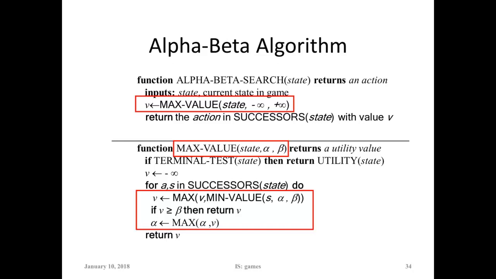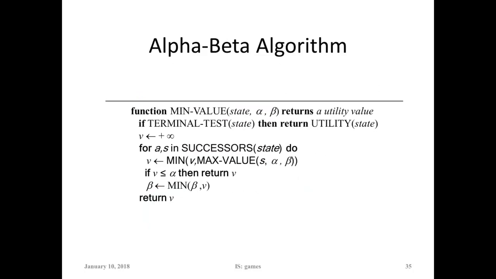Because if we find a value which is bigger than the interval value, we know that we don't have to proceed anymore. And it's exactly the same, but in the inverse order, for the min, where we have the min value. It's called again in the recursive procedure, and then we have to start with a plus infinity value to give the upper bound, and then we have the upper bound defined by the min values of all the successors.